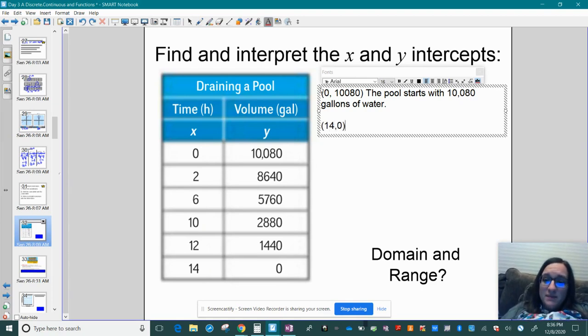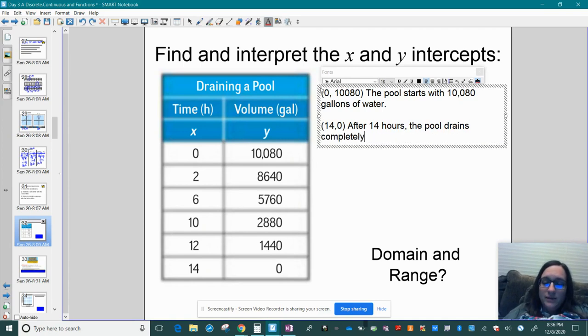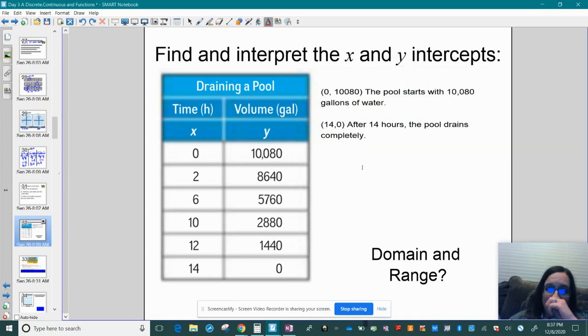That's our x-intercept since we have a value for x. After 14 hours, the pool drains completely. You put drains to 0 gallons of water. That's fine. We're talking about our domain and our range. We put those values in there.